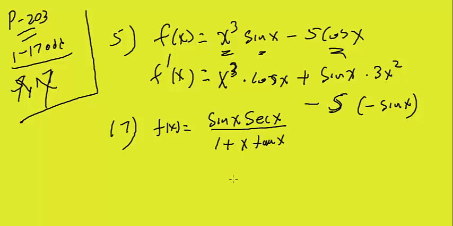When something's ugly, you might want to think of doing some algebra trickerations first, and then go with it, because it might make your life a little easier, because secant of x is really 1 over cosine of x, and when you multiply that times sine x, what does that turn into? Tangent x. That way you don't have to apply a product rule on the top, okay? So that will save you a ton of mess.